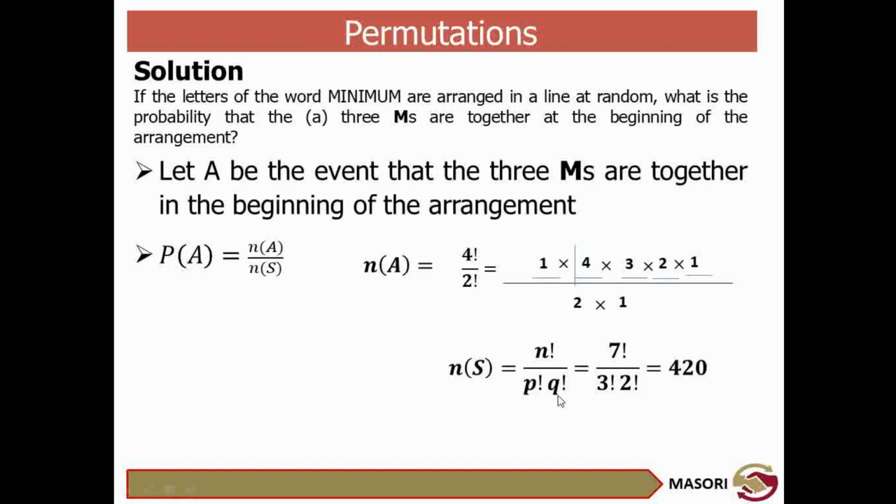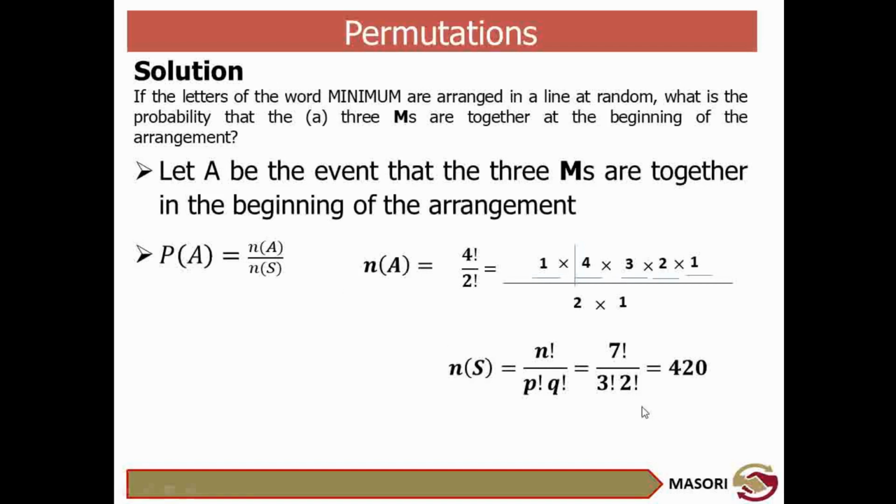And q factorial is another set of elements that are alike. Here we have 2 I's, therefore q will be 2. So we are finding 7 factorial, which is the number of letters in this word, divided by 3 factorial times 2 factorial, and this will give us 420.